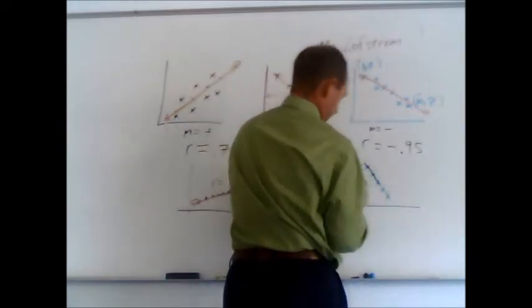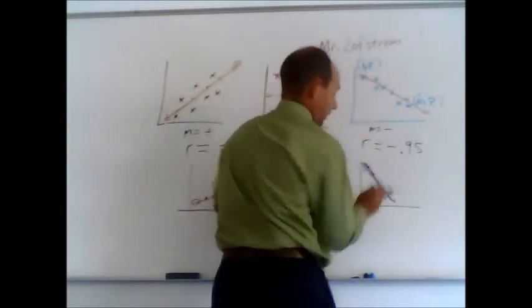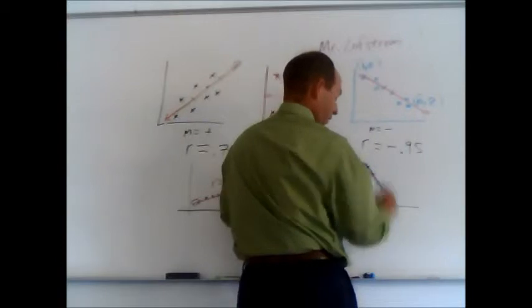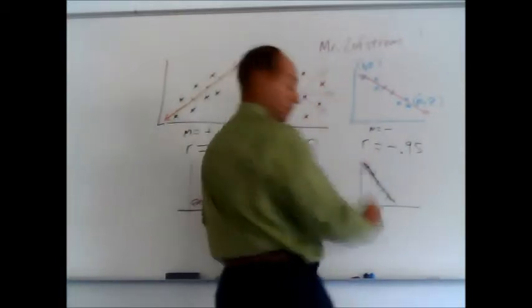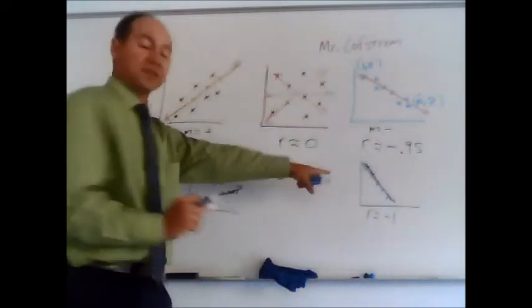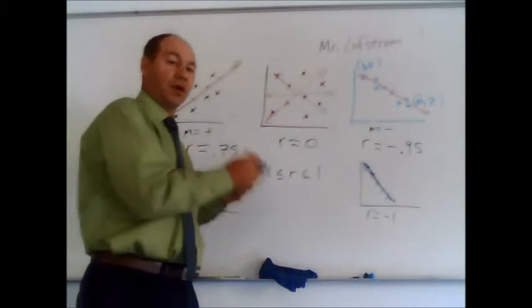Let's say we have a very steep line here, but all of those points are on that line. It's not a great line, but all of those points are on that line, then this r value will be -1. So notice the slope of the line doesn't come into play for the r values. Just are all the points on there.